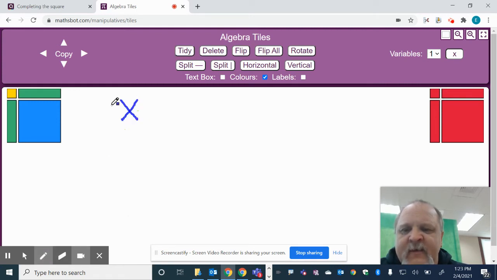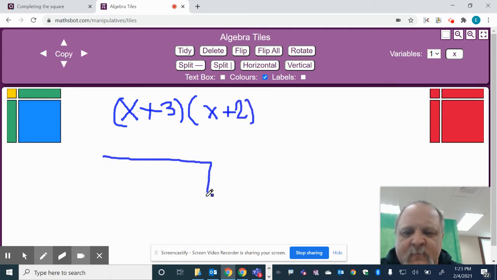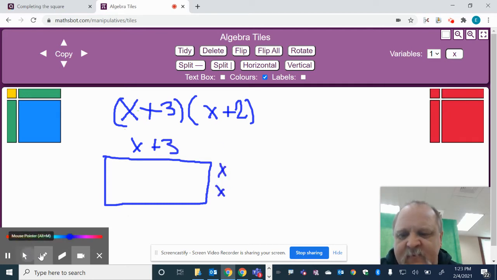So if I have x plus 3 times x plus 2, and we use the idea that the area of a rectangle is one side times the other side, I use the algebra tiles to fill this in.